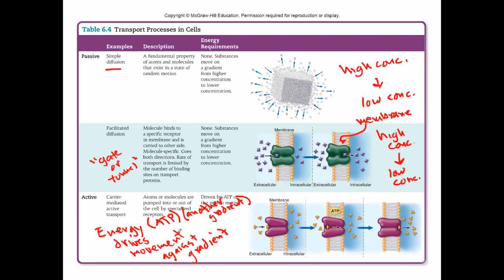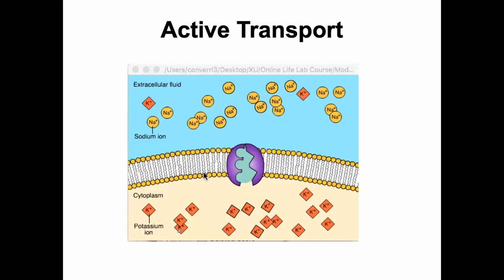You use something called a sodium glucose symporter, where the sodium, which is high concentration outside the cell, and the glucose, which is low concentration, both bind to the same membrane protein. And then because of the driving force of the sodium gradient, the sugar gets pulled in. So let's take a look at active transport.